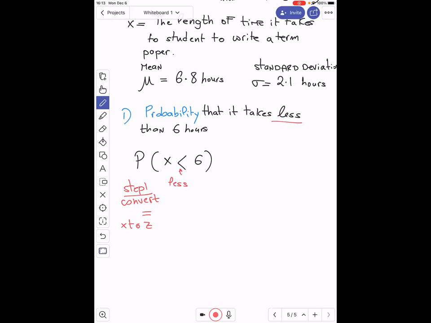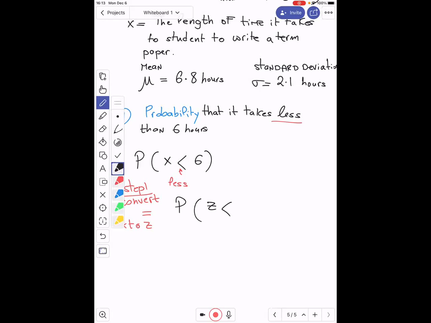So I'm going to change the variable: instead of X, we use Z. Then we need to convert 6, a value of X, to some value of Z.